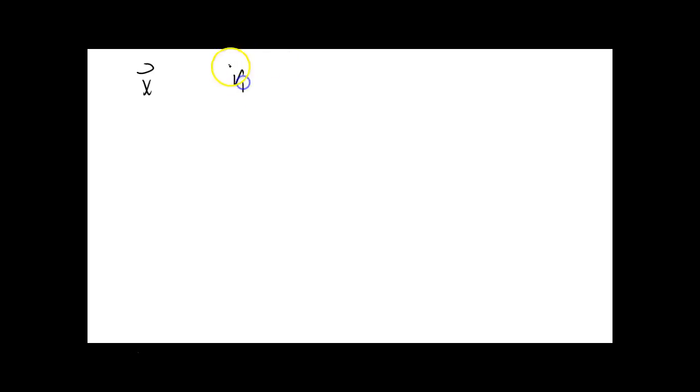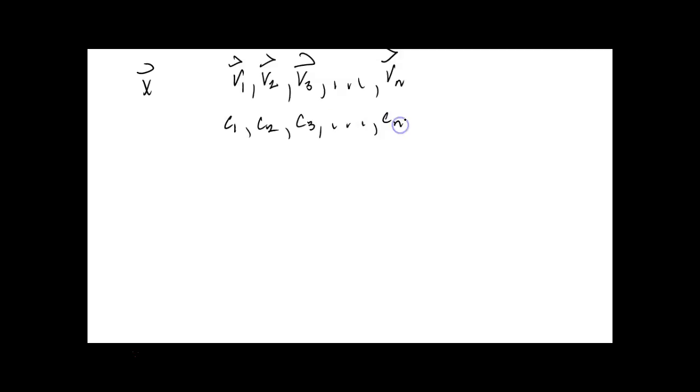Okay, you got v1, v2, v3, up to v sub n. Okay? Now, for some set of scalars, c1, c2, c3, up to c sub n.